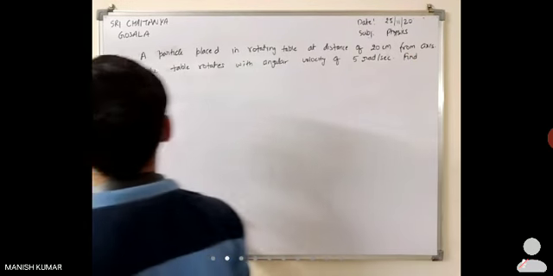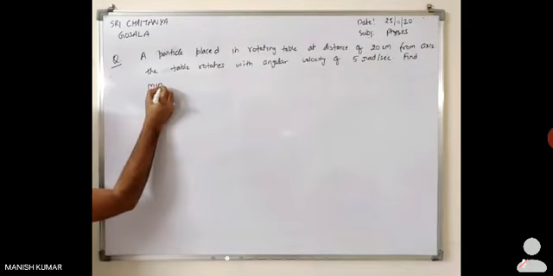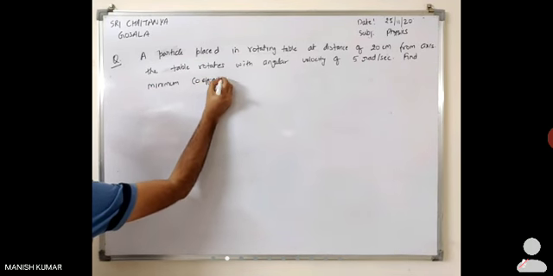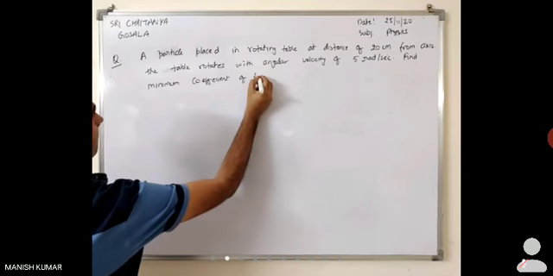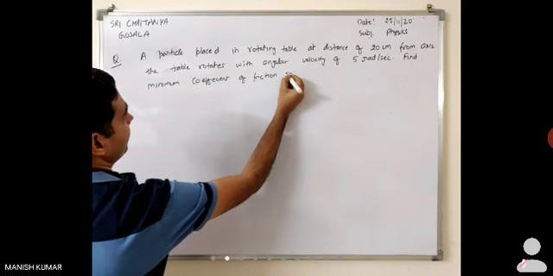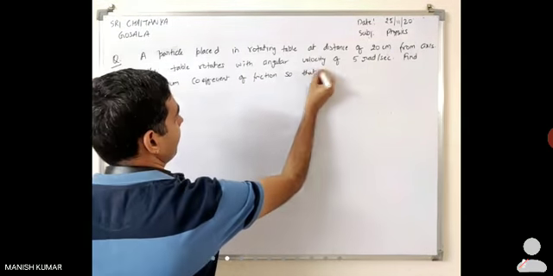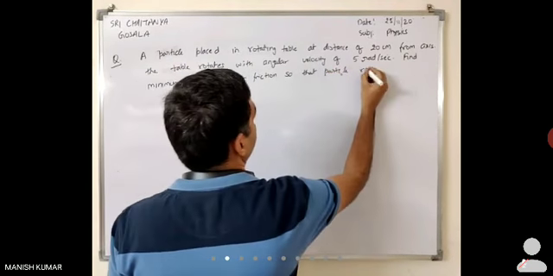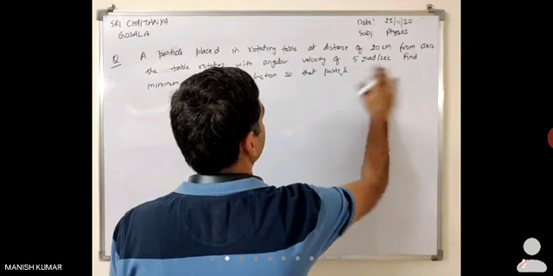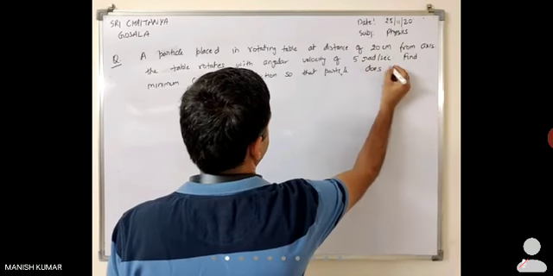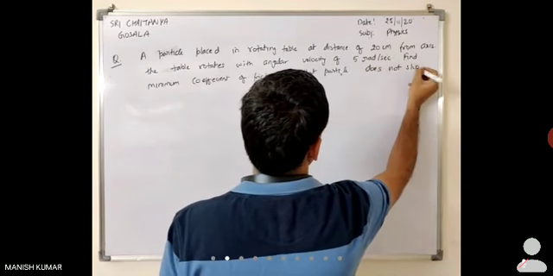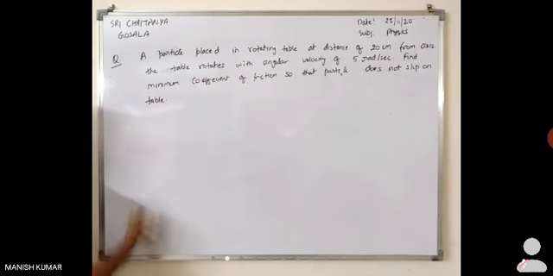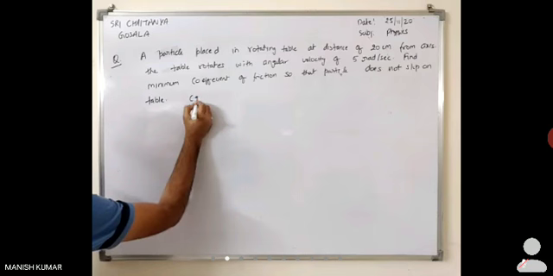Find the minimum coefficient of friction so that the particle does not slip on the table. You can take g as 10.